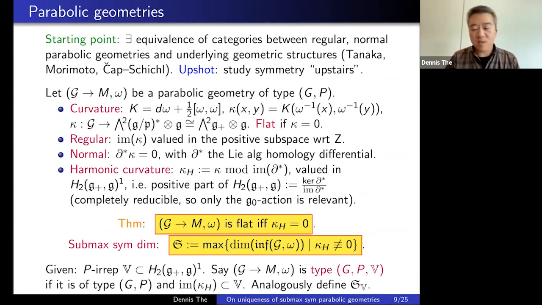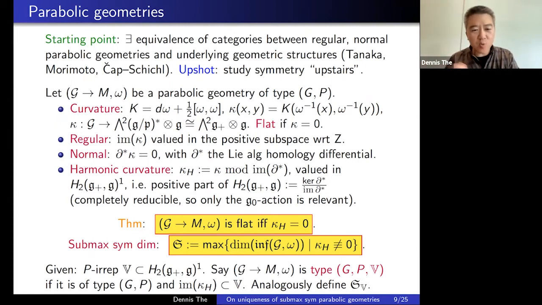I'm going to introduce a tighter definition here. I know that harmonic curvature takes values over here, but it may split apart as a direct sum of irreducible submodules for P, but actually only G0 is relevant. Okay, and that's reductive. So I can actually get a direct sum decomposition.